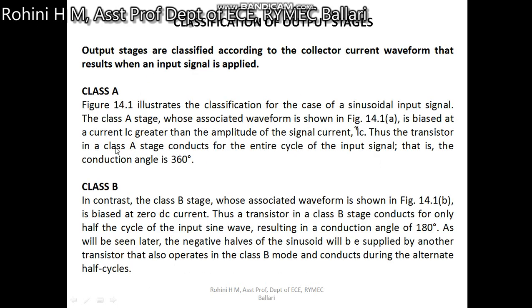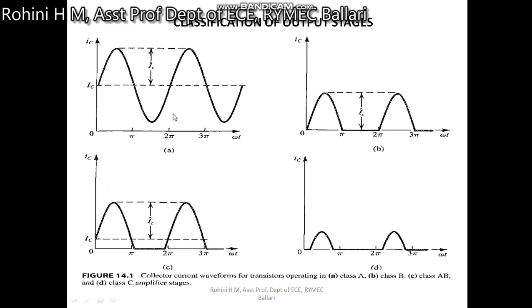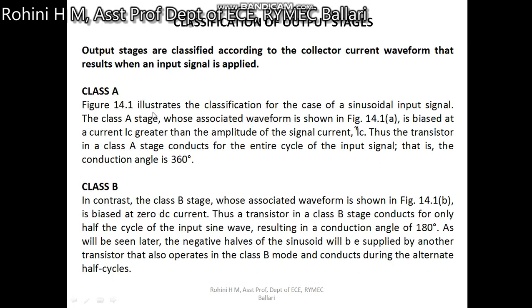Thus the transistor in class A stage conducts for the entire cycle of the input signal. So to attain that condition, that is IC to be greater than IC cap, it will conduct for the entire cycle of the input signal, that is 360 degree conduction angle. So therefore it is the complete cycle what we are obtaining, 360 degree complete cycle.